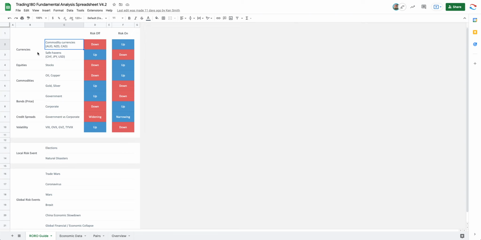Now you've got safe haven currencies like the Swiss franc, the Japanese yen, and the US dollar. Again, these are typical moves, not set in stone, but typically in a risk-off environment, money will flow into these safe haven assets, pushing their prices higher, appreciating the Swiss franc, the Japanese yen, and the dollar exchange rates.